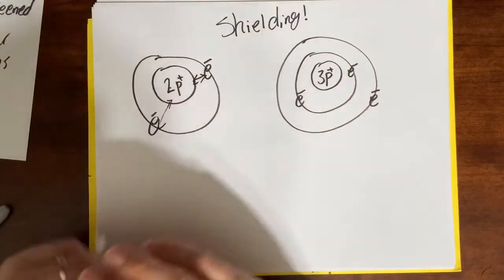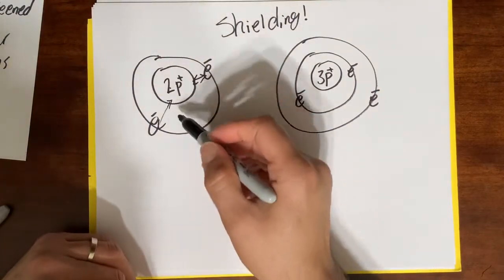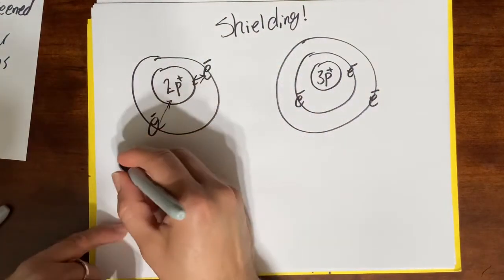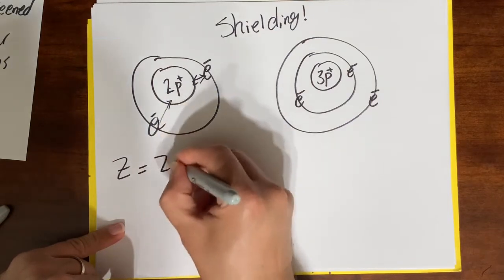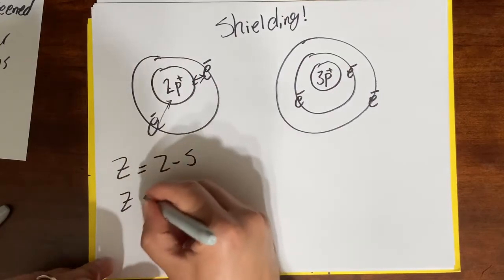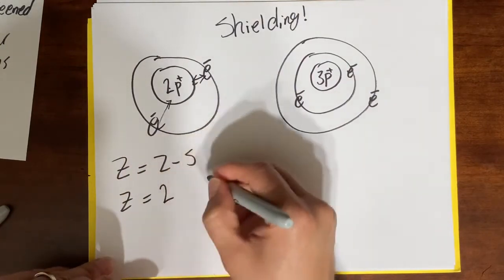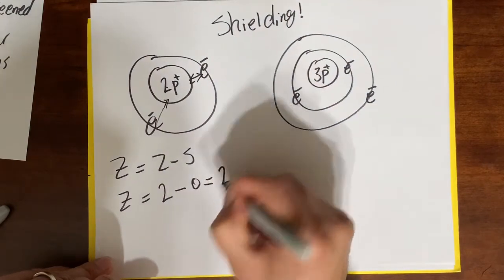Because they can see the nucleus directly, there will be no shielding effect, and effective nuclear charge will be Z minus S. Z is the number of protons, we have 2, minus inner electrons, we have 0, so it will be plus 2.